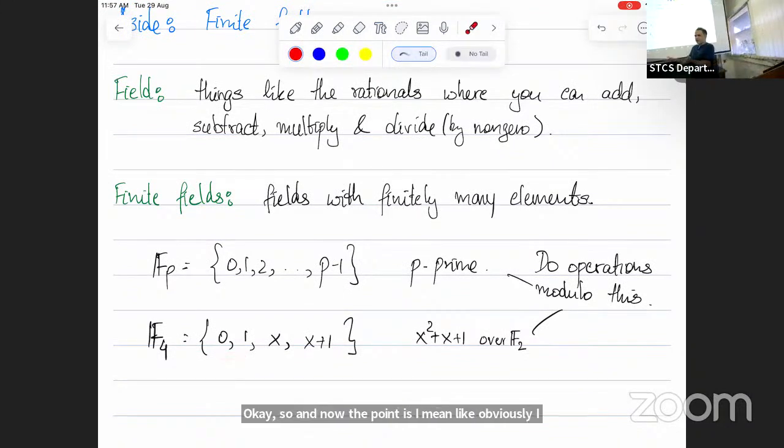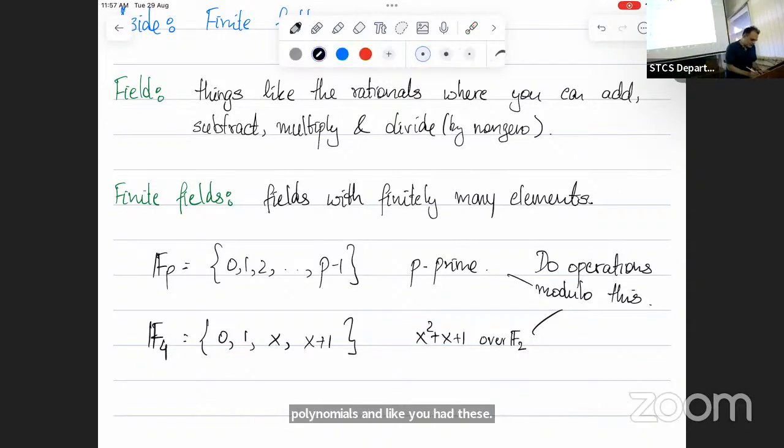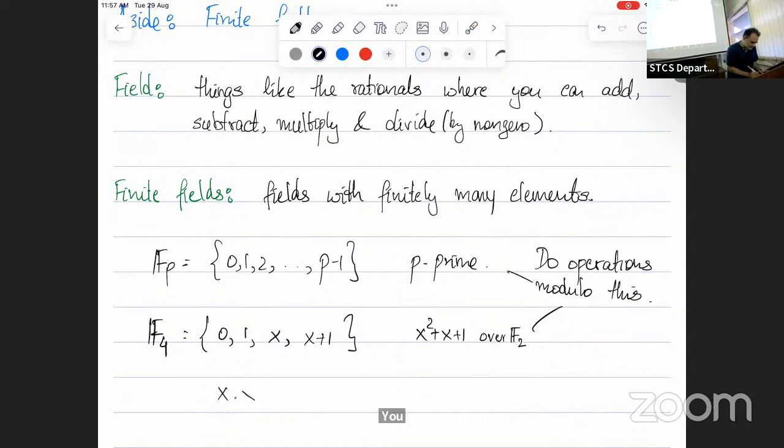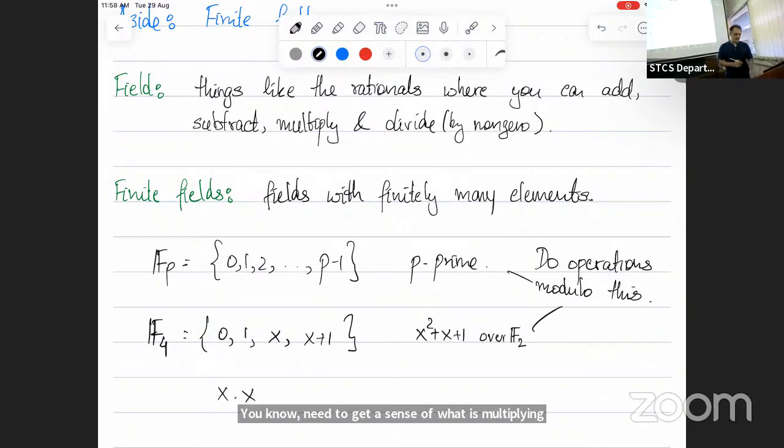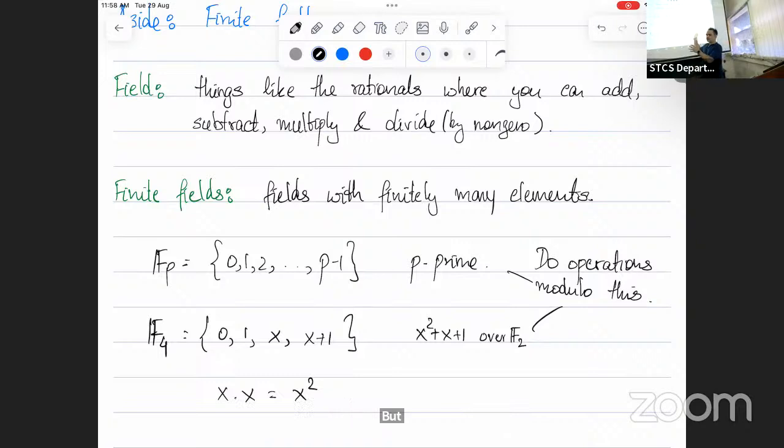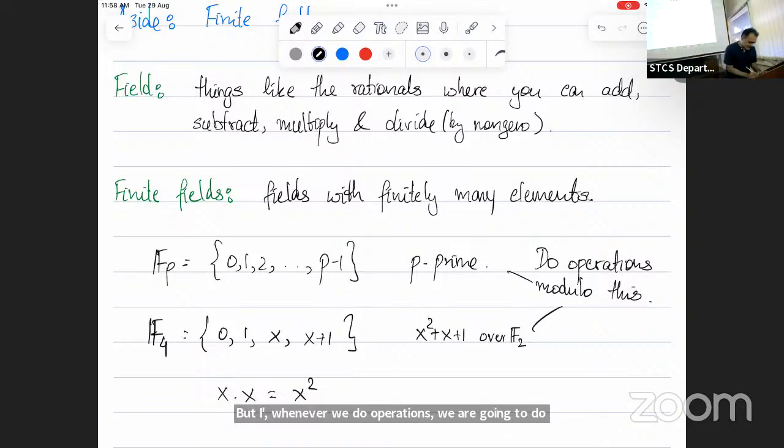Okay. Now, adding these things is clear: when you add, you just add the polynomials. We now need to get a sense of what multiplying them means. What is x times x? Of course, this is equal to x squared. But whenever we do operations, we do them modulo this polynomial. And notice that x squared is the same as x plus 1 modulo this polynomial.